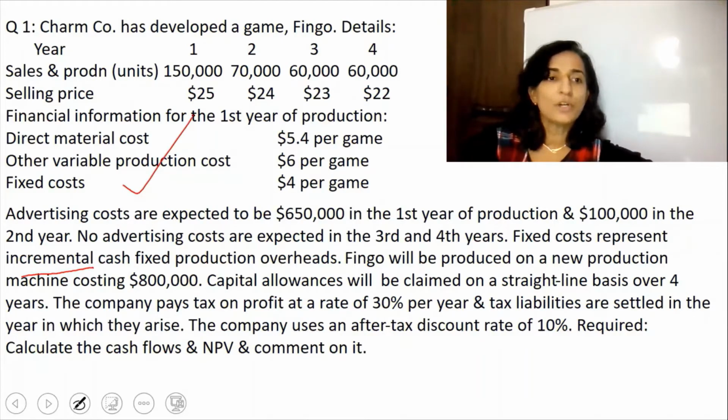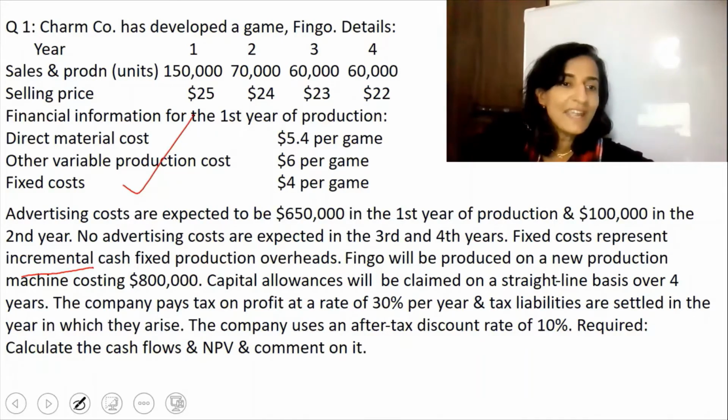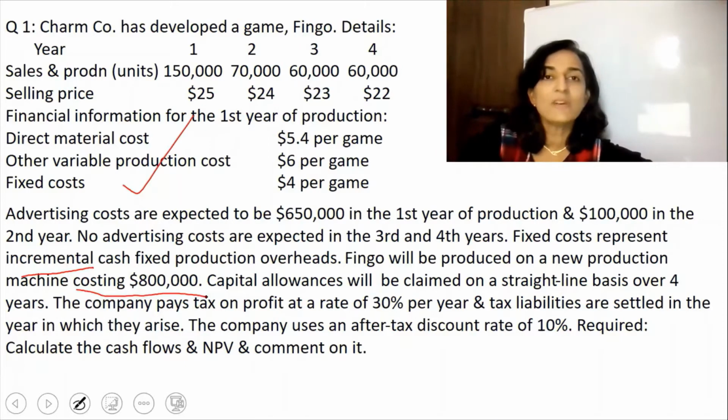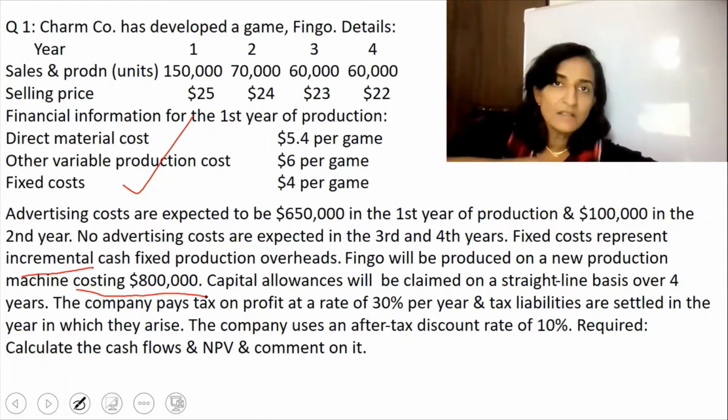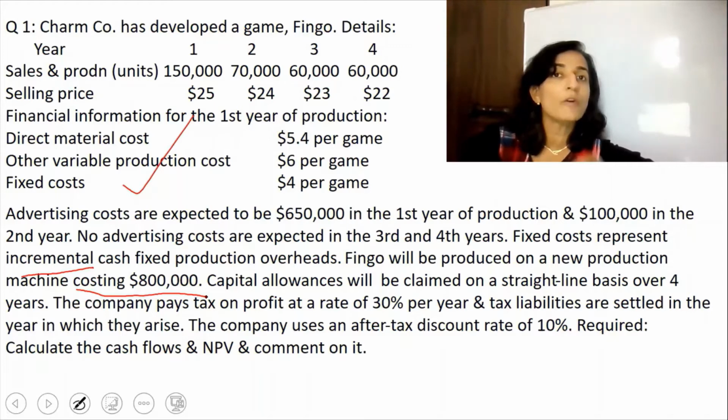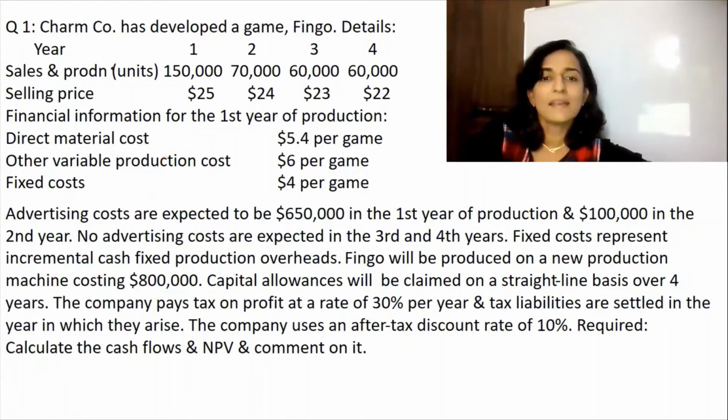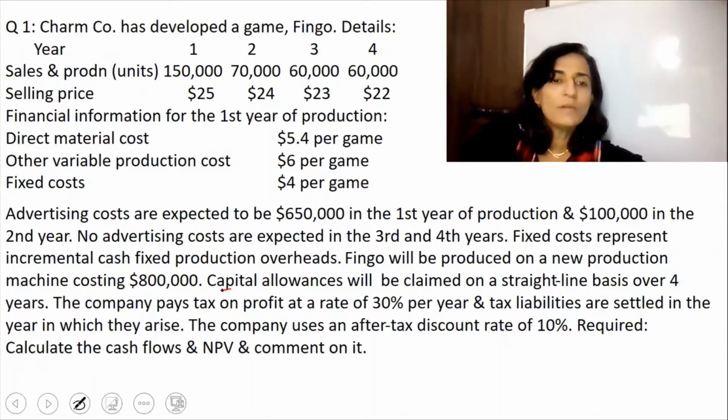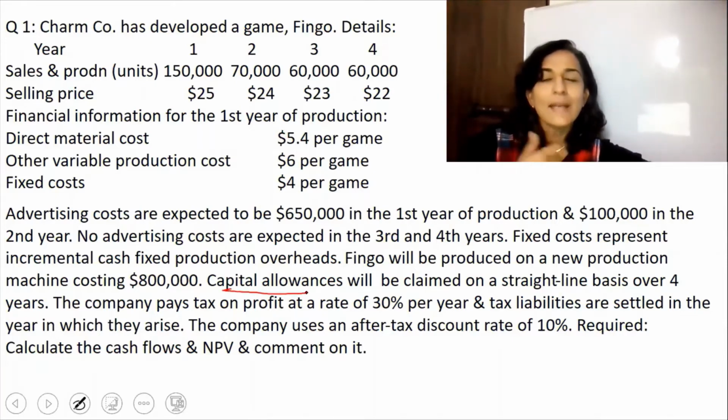Fingo will be produced on a new production machine costing 800,000. So what is the investment? Investment is in year 0, there will be a cash outflow of 800,000. Capital allowances will be claimed on a straight line basis over 4 years. What do you mean by capital allowances? Capital allowances means depreciation.